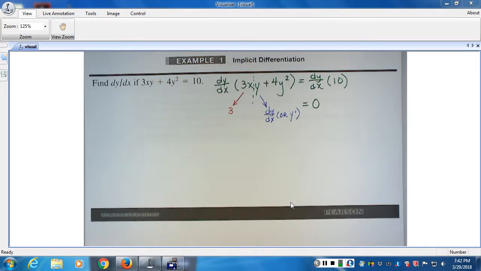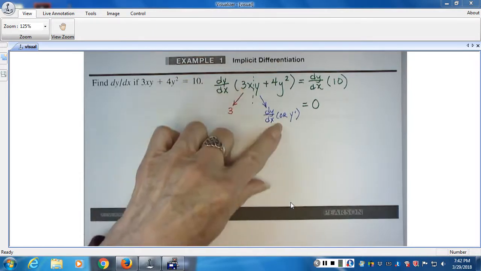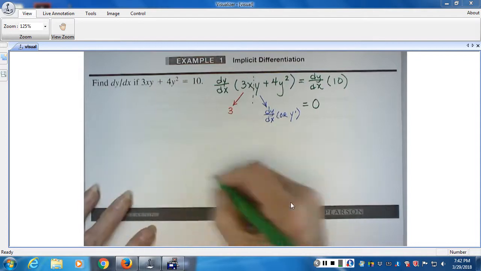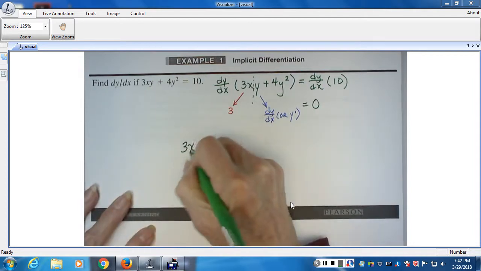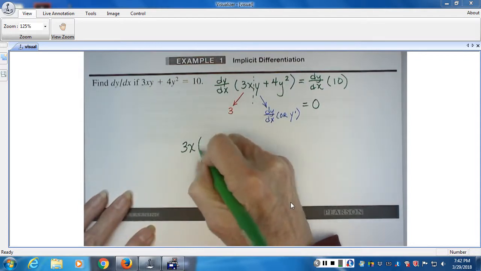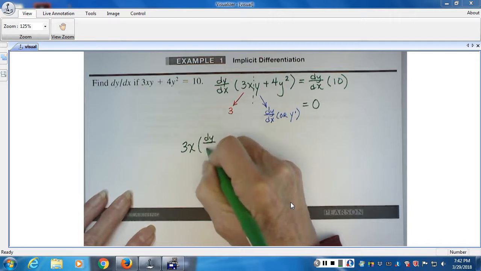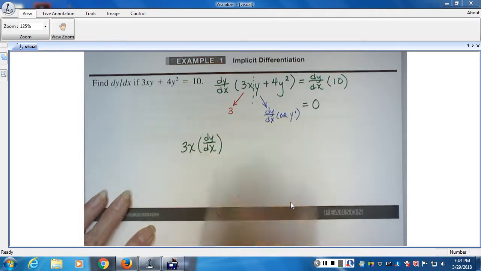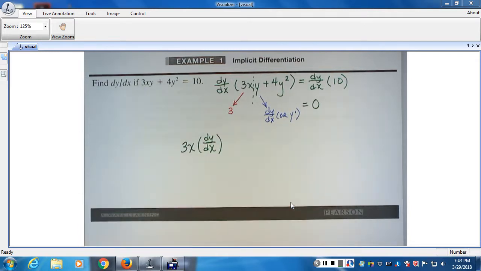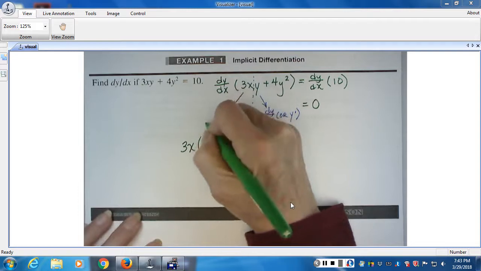So the product rule says first factor times the derivative of the second. And remember, you can write that as y prime if you want to.